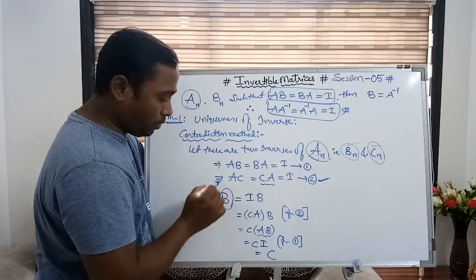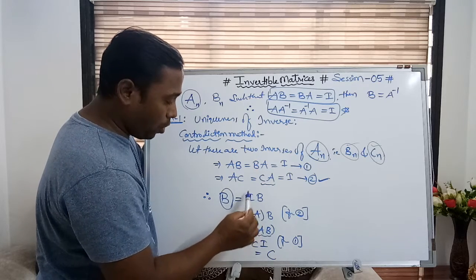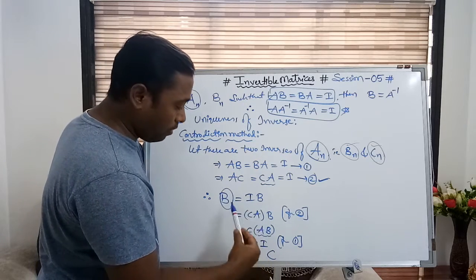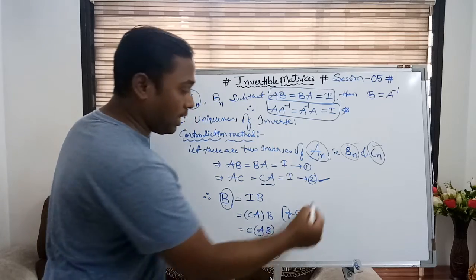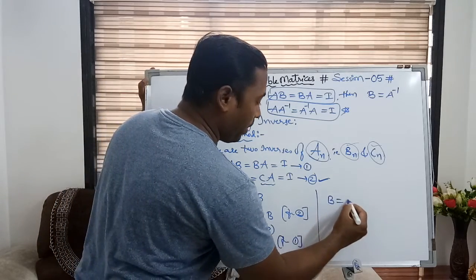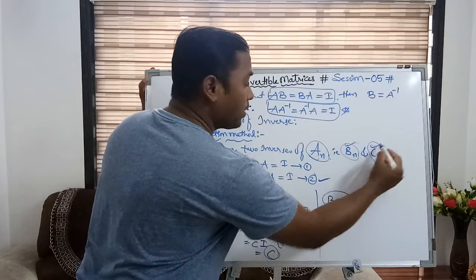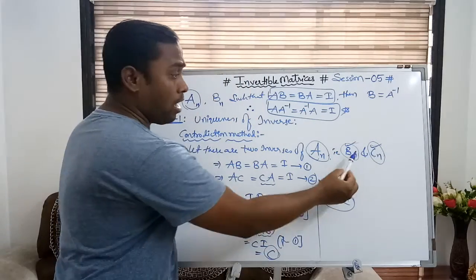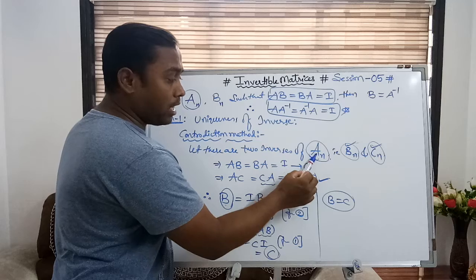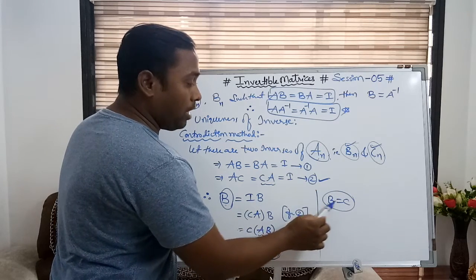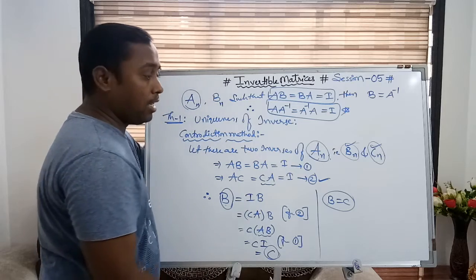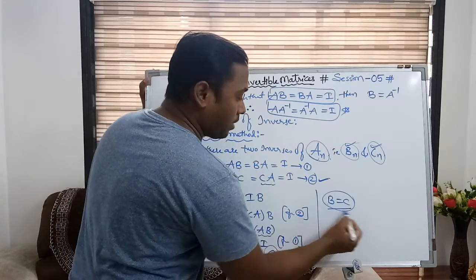So we started with B. By doing proper steps and methodology, we approached C. So B is equal to C. We were assuming that there are two distinct square matrices that are inverses of the given matrix, but here we got that B is equal to C. It means this contradicts our statement.